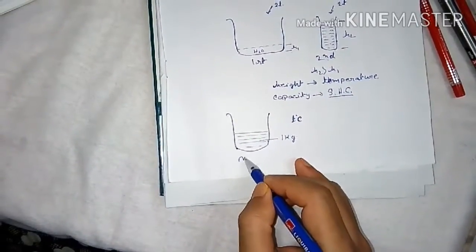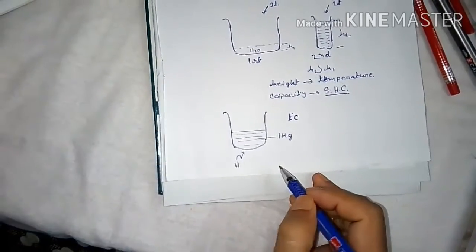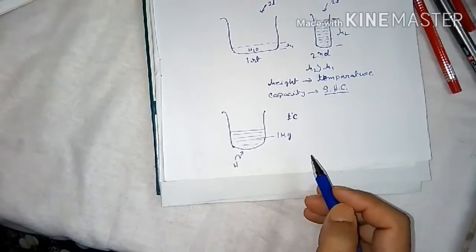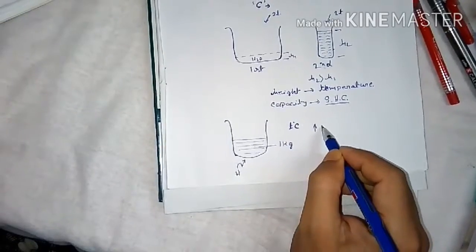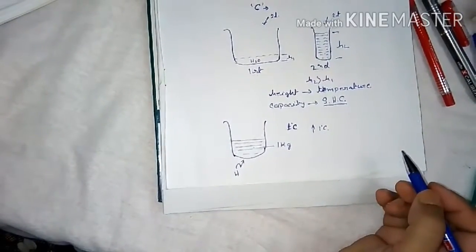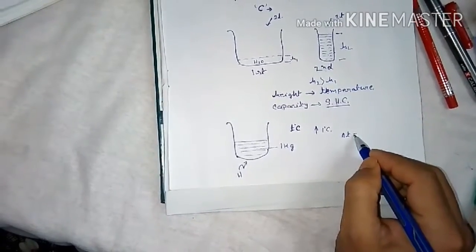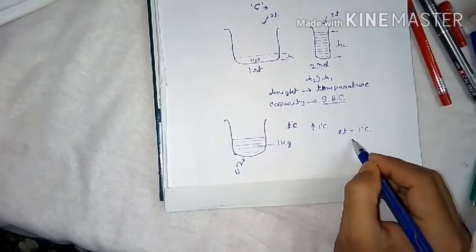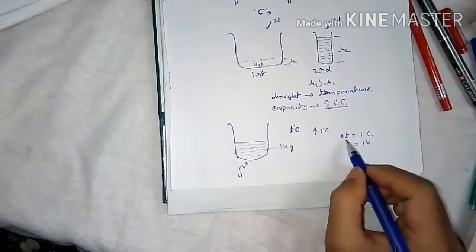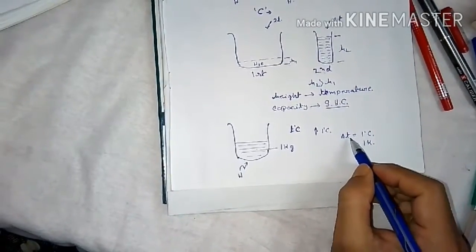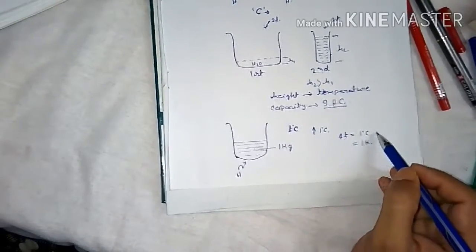Now providing some heat to the material, the temperature rises by 1 degree Celsius. That is, the change in temperature is equal to 1 degree Celsius. This is also equivalent to 1 Kelvin, since it is a change in temperature. Change in temperature is the same for both Celsius and Kelvin.